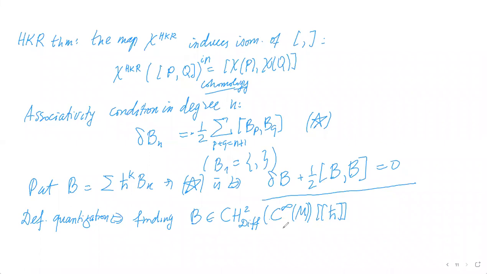So we need to take formal power series with the formal variable h bar and with coefficients in the Hochschild differentiable complex, such that B verifies the Maurer-Cartan equation.